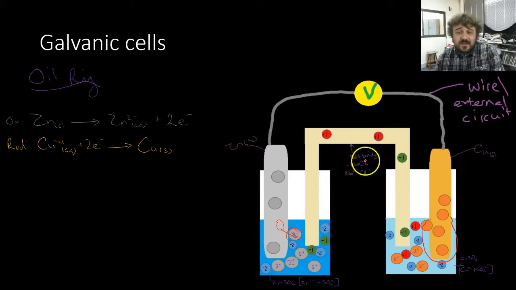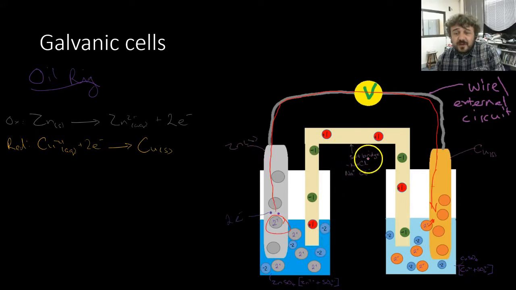Now you'll see there's also been a change in our salt bridge. So we'll go back. The salt bridge has, in this case, sodium chloride. It can be anything really, as long as it's moist and has a dissolved salt in it. So here we have positive sodium ions and negative chloride ions.